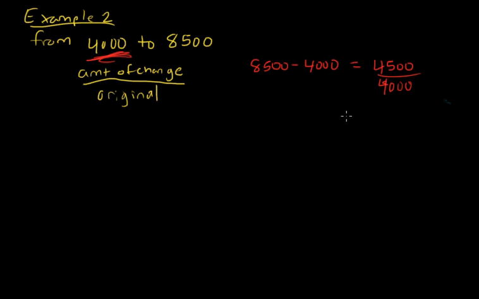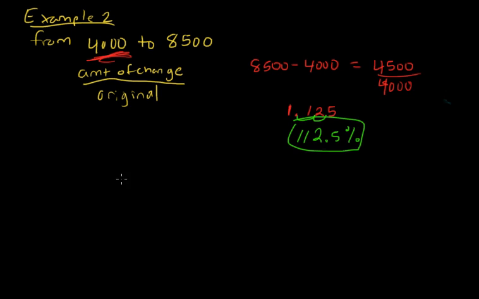When we do that, we get a number with a 1 in the ones place, 1.125 is what I got. And we want to convert that to a percent. So let's go 1, 2, and that's 112.5%. So there would be a 112.5% increase when you go from 4,000 to 8,500.